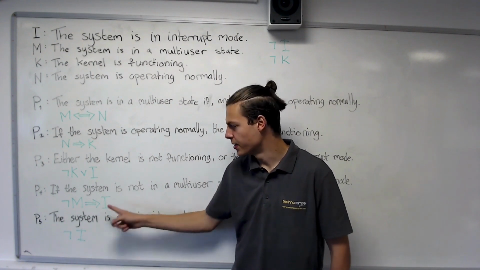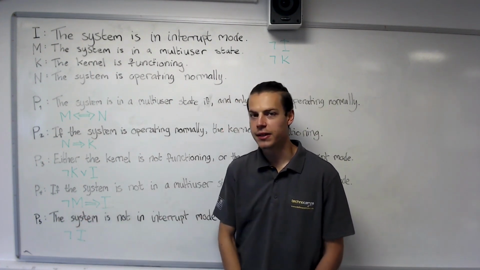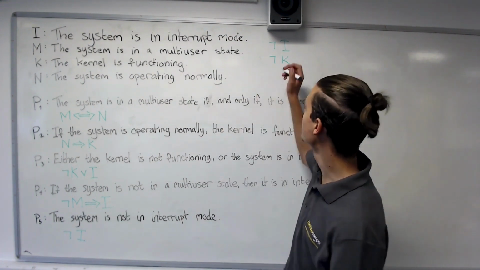We know not I is true. So not M cannot be true. In other words, M cannot be false. So M is true, right? We have M.